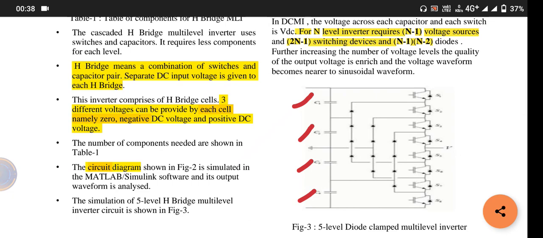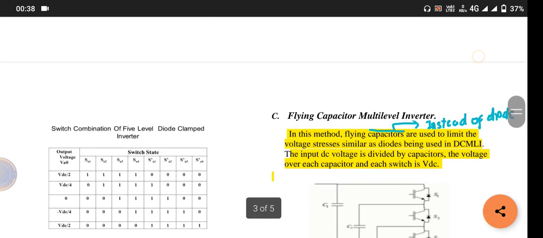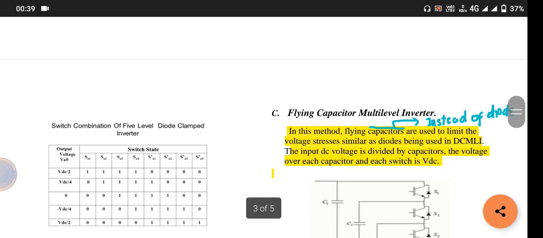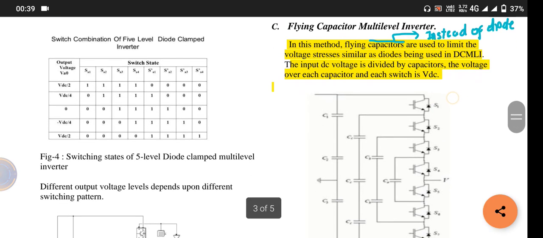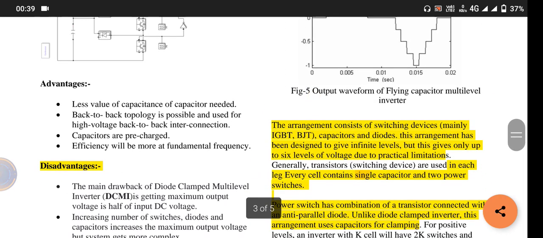But here by using the diode we can reduce that value also. So this is about the diode clamped multi-level inverter.